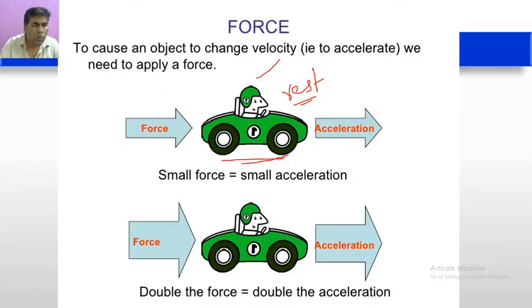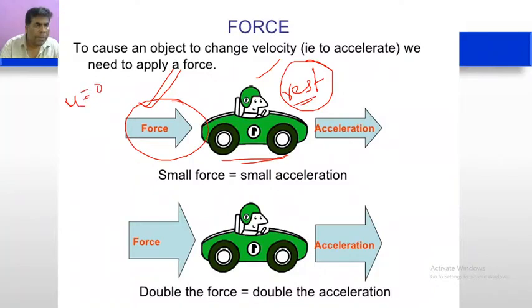How can we make it move? We have to apply force. Before applying force, it is in rest position, means its velocity is 0. Let us take the beginning velocity as u. Its velocity is 0 meter per second.